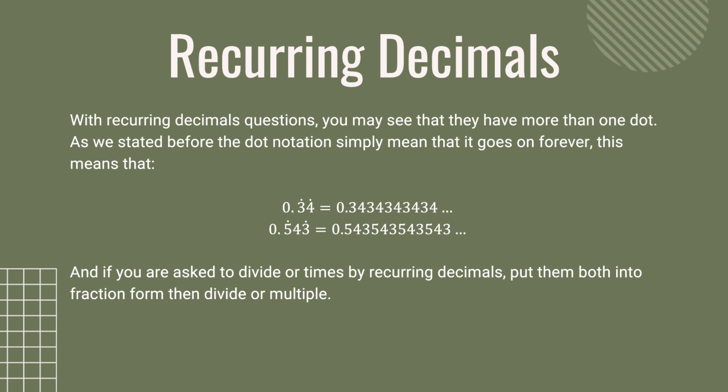And if you're asked to divide or times with recurring decimals, put them both into fraction form first, then divide or multiply. Because you may get asked to do, say, 0.34, which is both recurring, divided by 0.543, which is recurring with the 5 and the 3. Convert them into fractions first, then do the divide, like a fraction divided by a fraction, as it makes it easier to do.